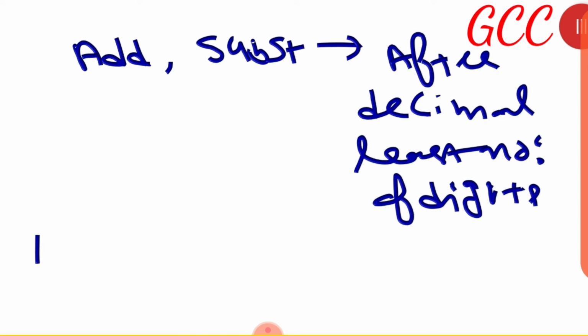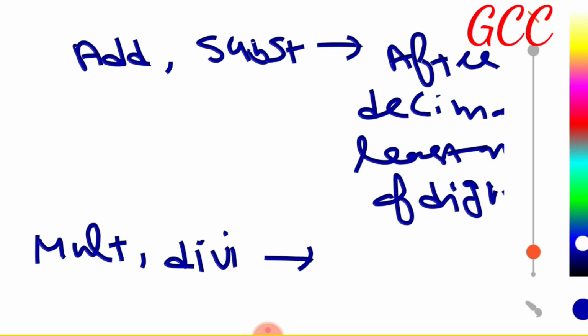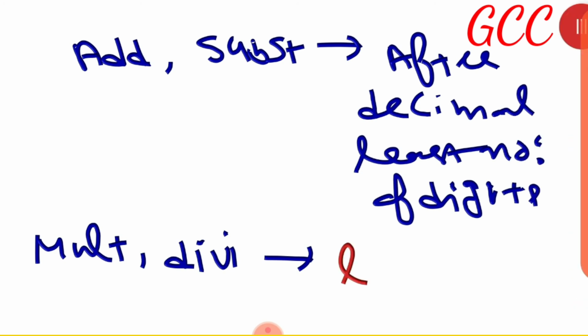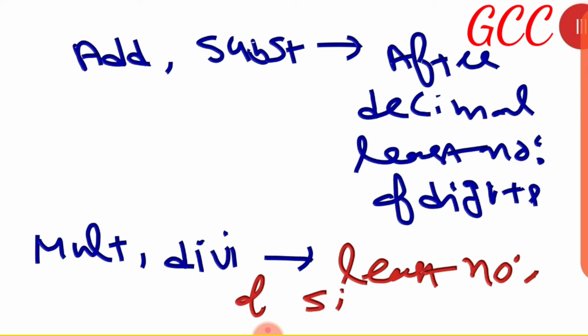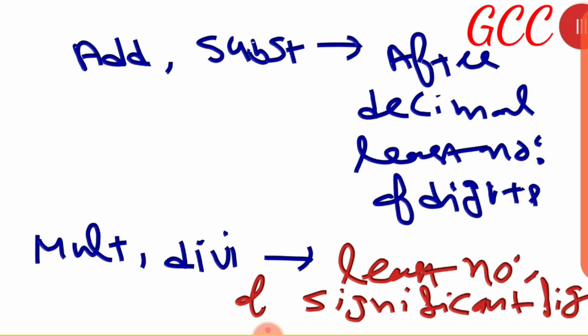But in multiplication and division, what do we have to see? We have to see the least number of significant figures in the statement. Is that clear? Are you okay, beta? Okay, very good.